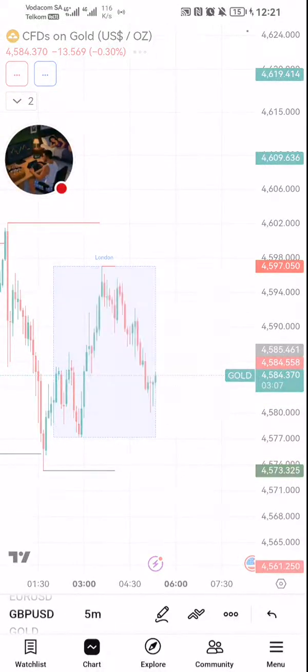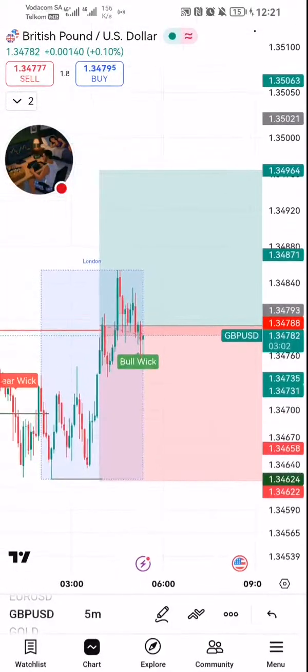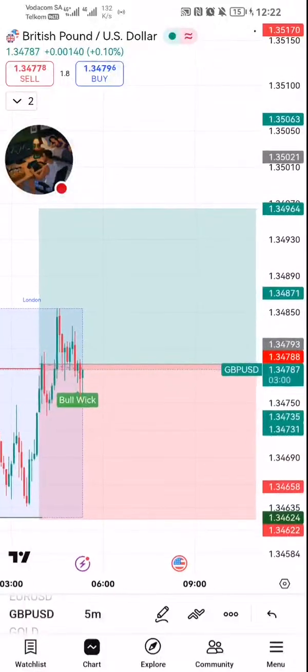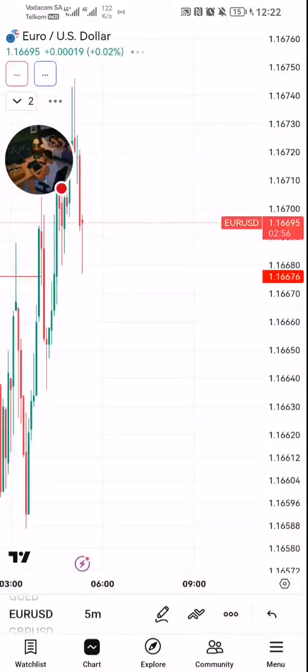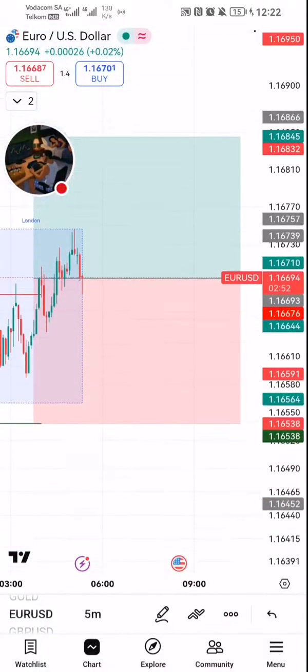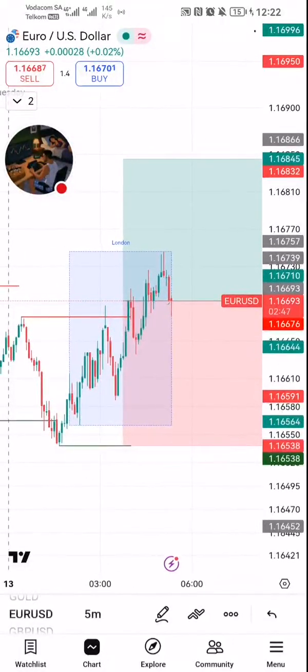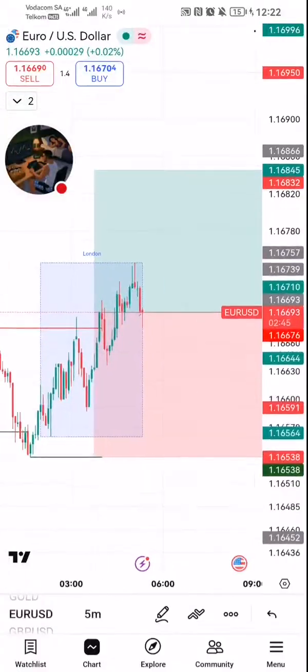Currently we're holding GBPUSD, still playing around. EURUSD, we're also holding price on it too. We can see how EURUSD is moving.